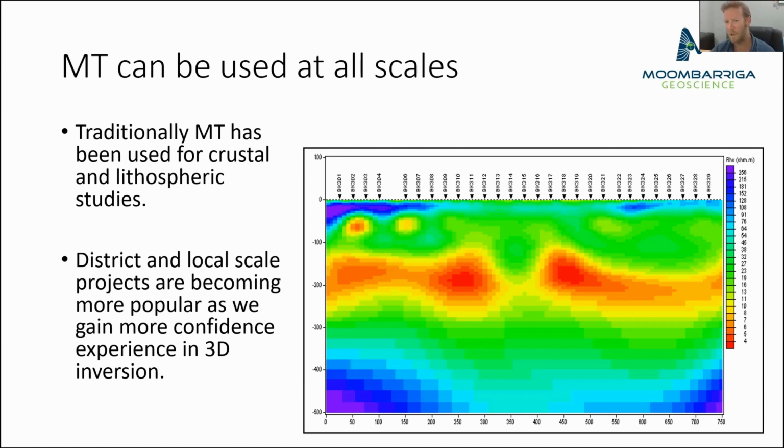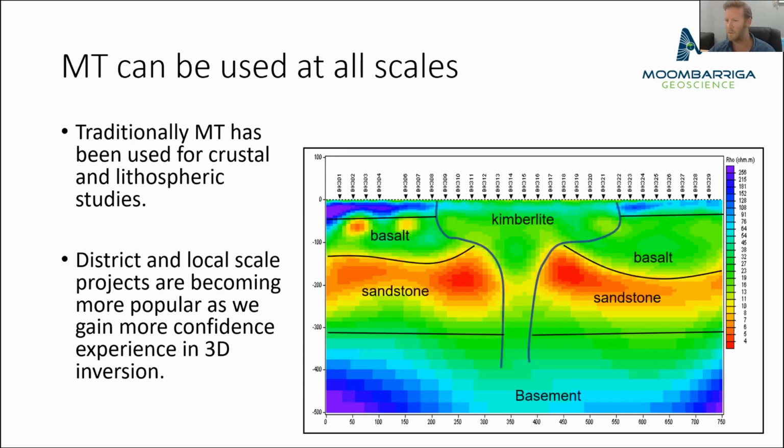This is the model that we came up with. This is over in Botswana. The basic geology is we've got sand at the surface and a layer of basalt and sandstone that's full of water. This will be the red layer here, and then into basement. So I produced this model, had no idea what the geology was doing from the model, but it all became apparent once they gave us the drilling results.